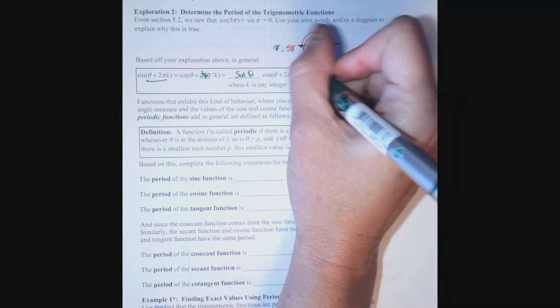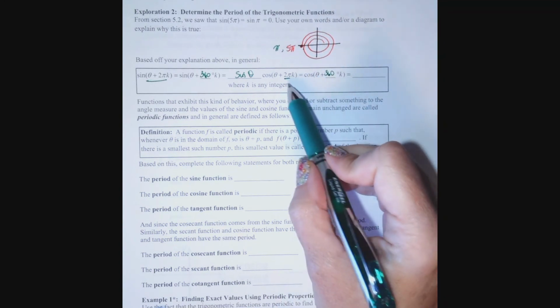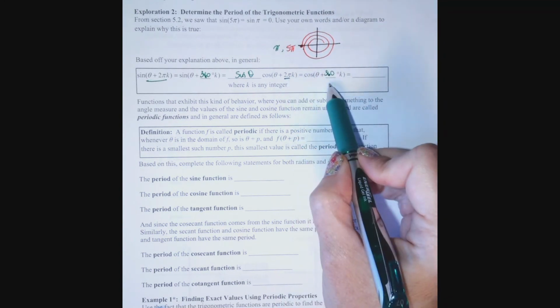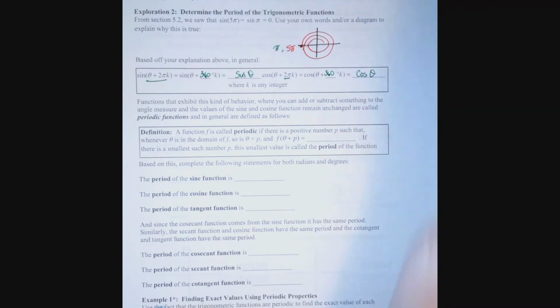And equally, for cosine, as I make any number of rotations and I terminate at the same place, it's going to be equal to just the cosine of theta. Now, these are our angles of rotation. We talked about this already when we talked about rotating through and where we are coterminal.